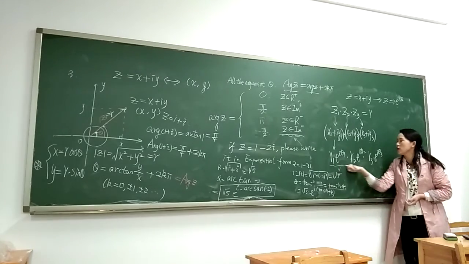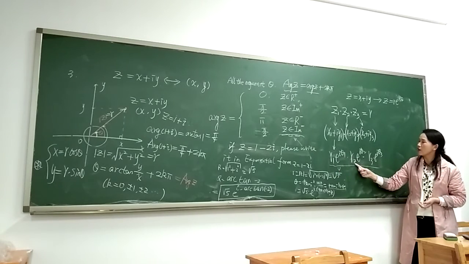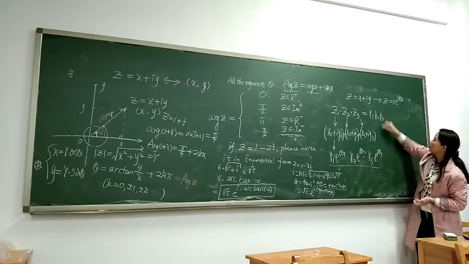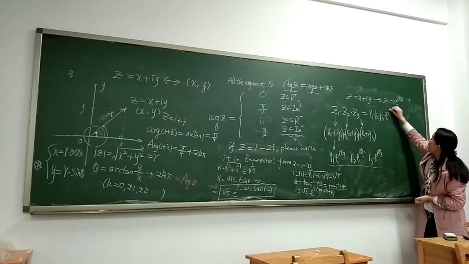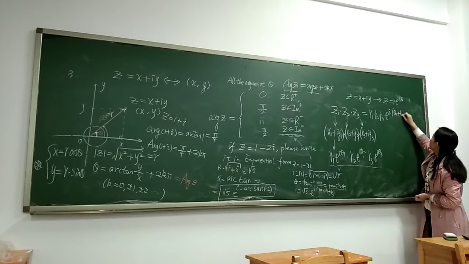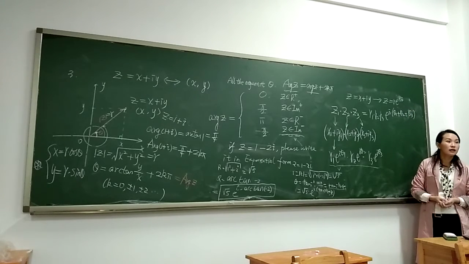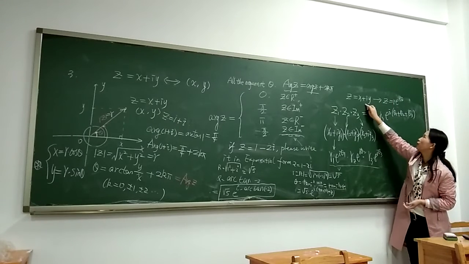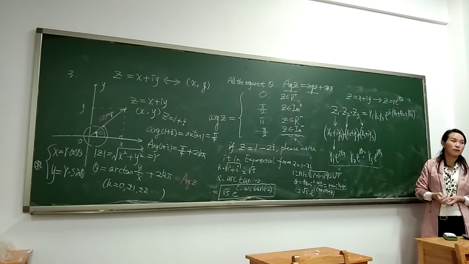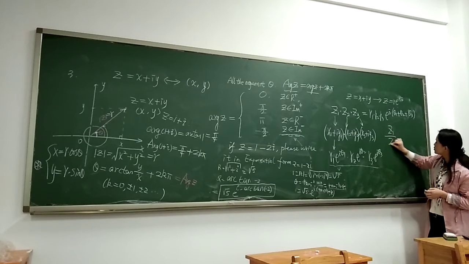But this is very easy, because it is R1 multiply R2 multiply R3, times e^(i(θ1+θ2+θ3)). This is so easy, isn't it? So writing a number in this form is very important.